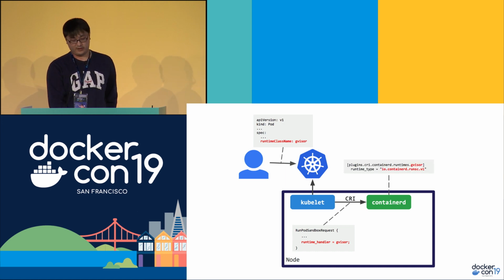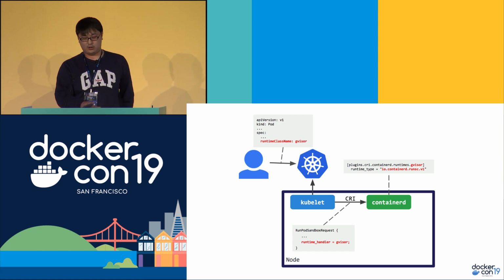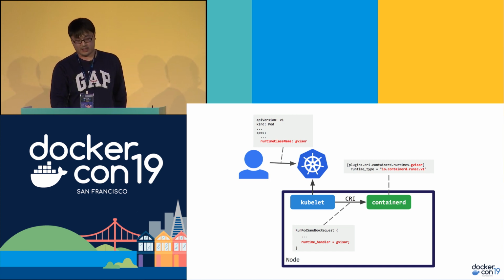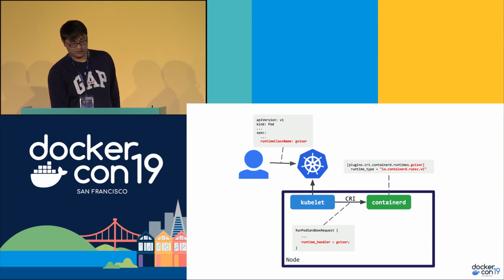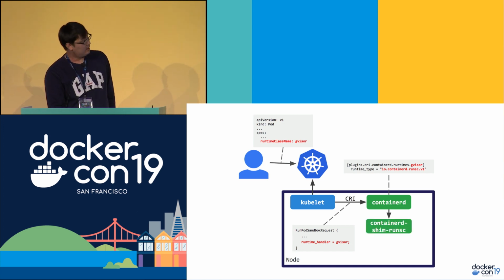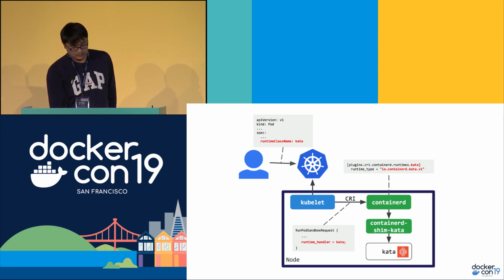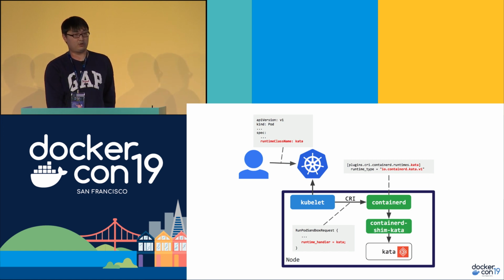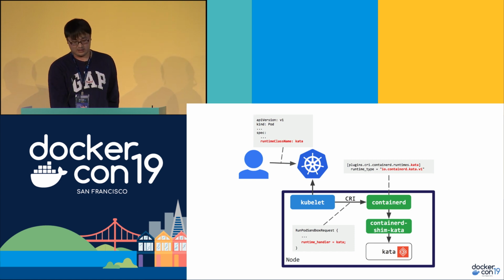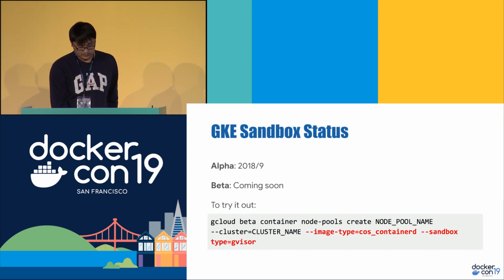And containerd is configured so that if you try to use the gVisor runtime handler, then use the underlying shim. Then containerd starts the corresponding shim, and the shim knows how to understand all the config and how to start the gVisor container. So that's basically how it works. And the same approach can be used for all the other runtimes, including Kata and probably Firecracker.